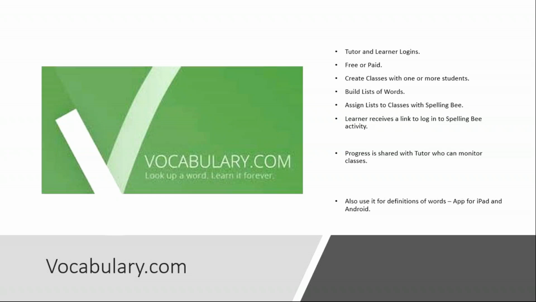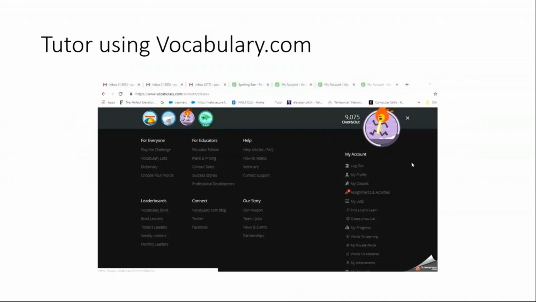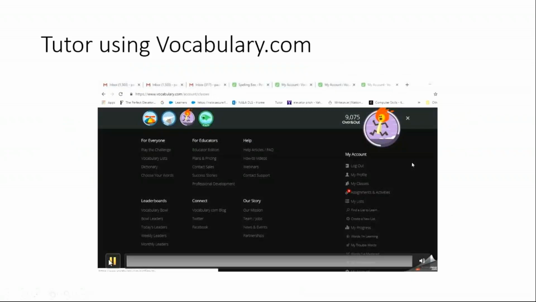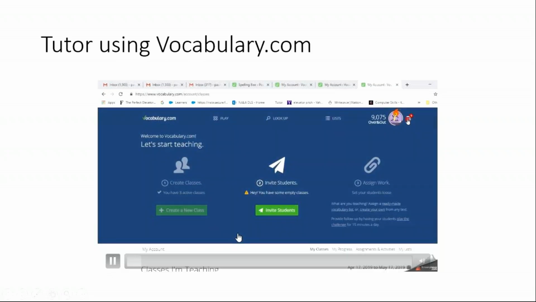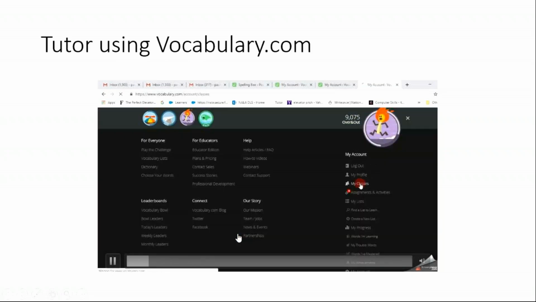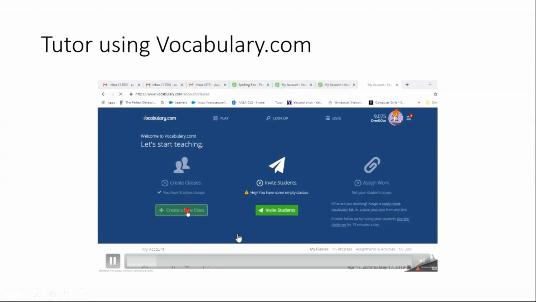I can log in as a teacher, and my learners log in as students. I can create classes, or have one person in a class, build a list of words, and assign those words to the learners. They in turn log in and, within Vocabulary.com, use the app Spelling Bee to learn the spelling. So this is a short video of the tutor view in Vocabulary.com.